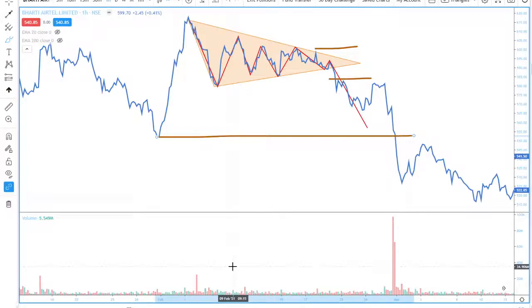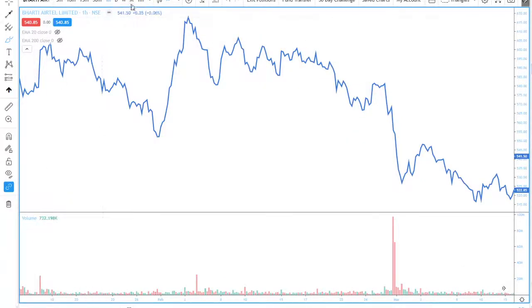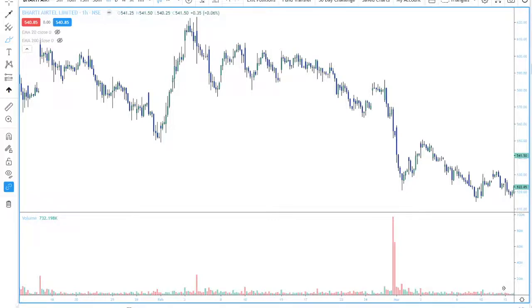Okay, and as you can see here, the volume also dried up during that phase, and then there is a short spike in the volume as well, right? So that's the thing. Now I know most traders who know something about these triangles say it's very easy to draw these triangles after the chart has been printed and it has moved, but it's very difficult to draw, identify and spot them and take the trades in real time.